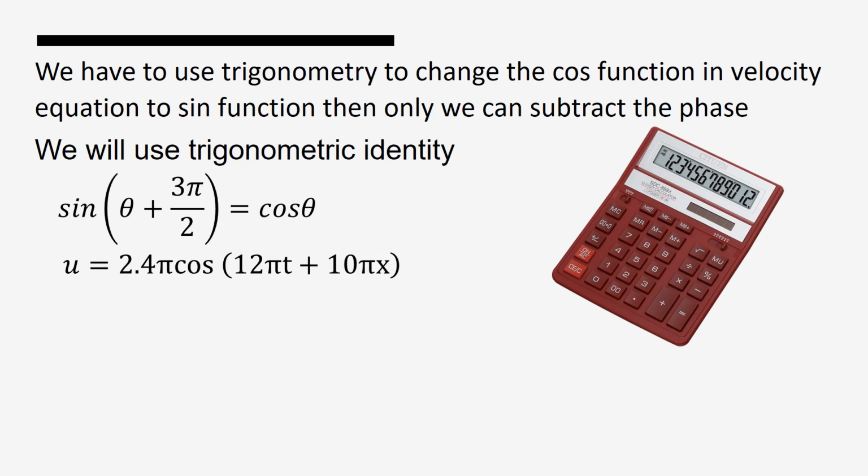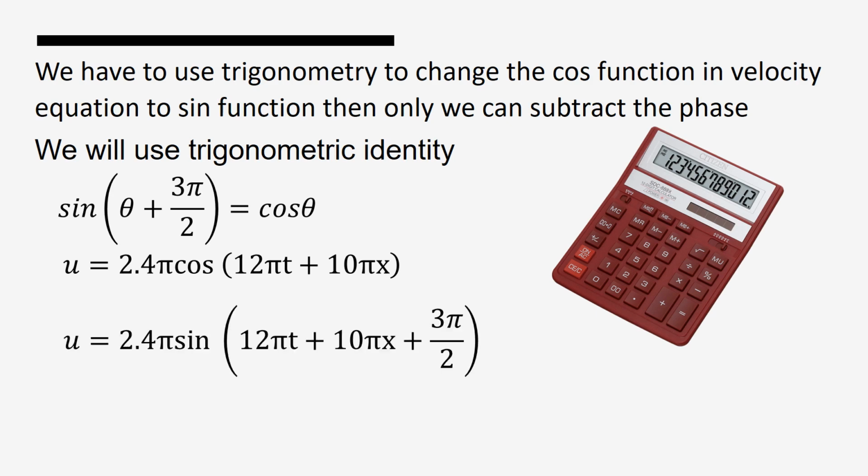Our equation for the velocity is u = 2.4π cos(12πt + 10πx). We will change the function cos to sine and add 3π/2 in its phase. By doing so, we are not changing the value of u.